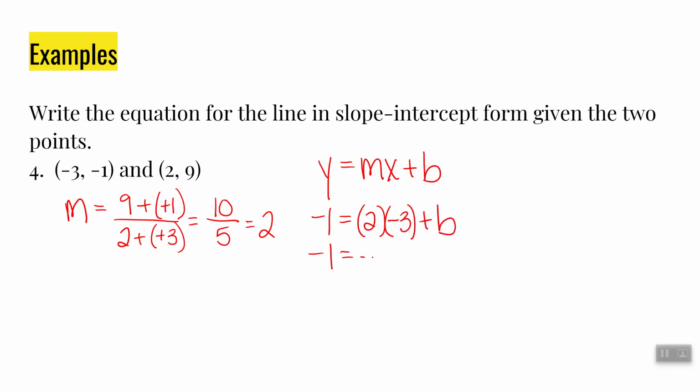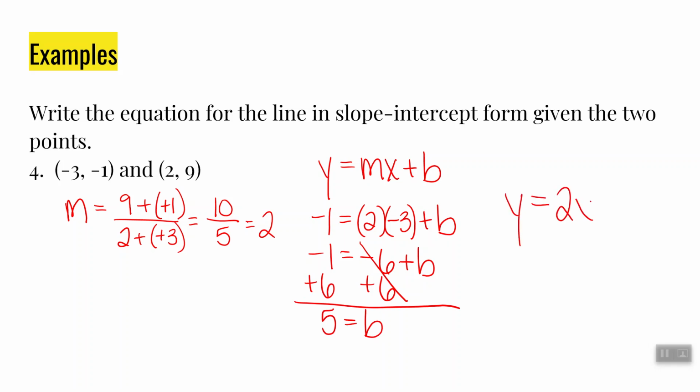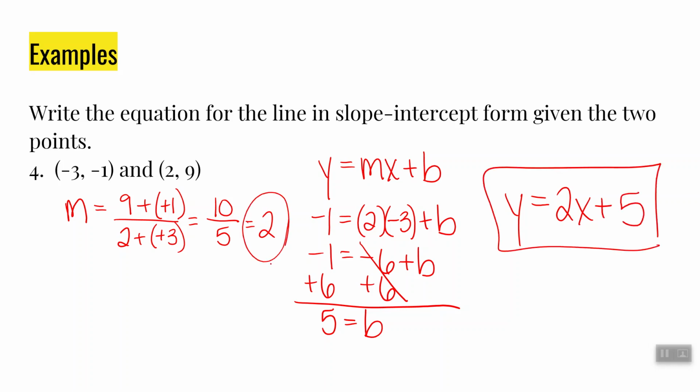So that's negative 1 equals negative 6 plus b, adding 6 to both sides. And we get 5 equals b, or b equals 5. So now my equation is y equals 2x plus 5. Remember that 2 is coming from the slope we calculated, and the 5 is coming from the y-intercept we calculated.